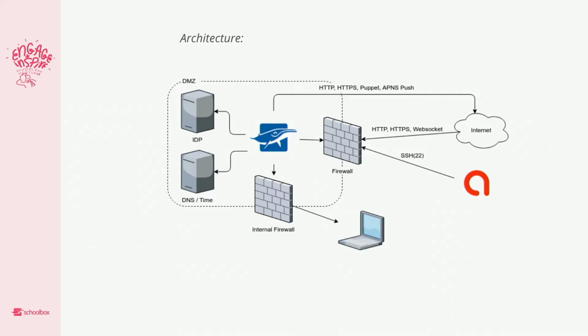We do ask that we at least get some sort of whitelisting there so that our Schoolbox server doesn't have the same restrictions that you may put on your students or other users in the school, just because Schoolbox will run into all sorts of problems and they'll be difficult to diagnose if you do have that filtering in place. So obviously, if you want to put filtering, we're not going to stop you, but we do ask that if you do put it on, just be aware that it is probably going to create some sort of issue down the track.